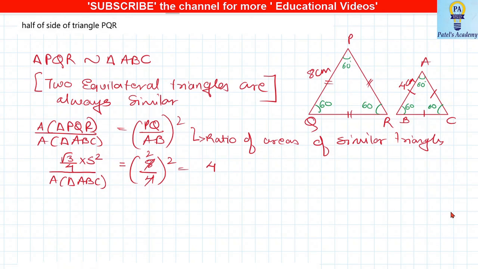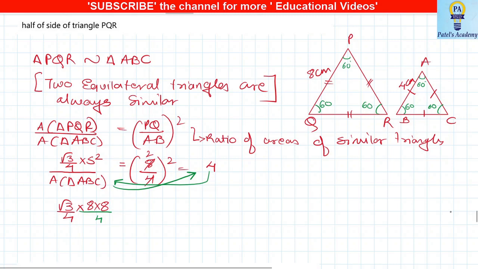So √3 upon 4 into side square. What is side? 8. So 8 into 8. Okay, now what I'll do is this 4 I will shift down, and this area of triangle ABC I'll shift here. Okay, it is just shifting. I shifted 4 down and triangle ABC up.